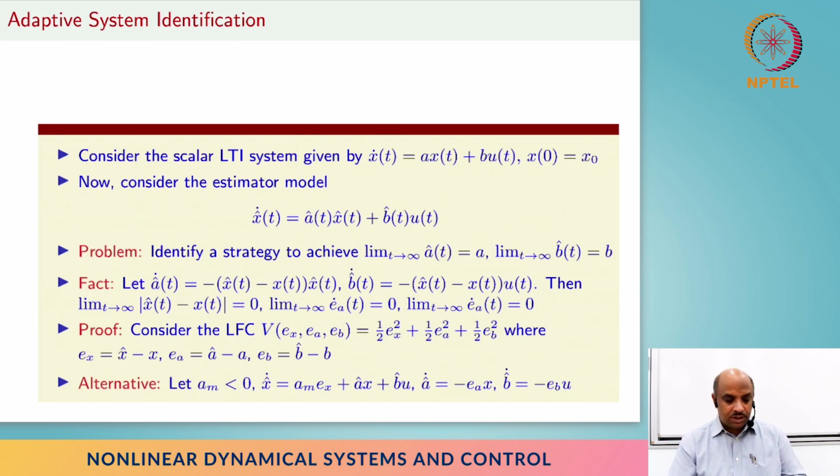There are results that show that if we pick U in a certain way, then we can actually guarantee A hat goes to A and things like that, and it's quite a complicated topic. There are other ways of doing the same thing. Instead of picking the X hat model to be that, we can actually pick some reference model, and you can take a look at something like that.